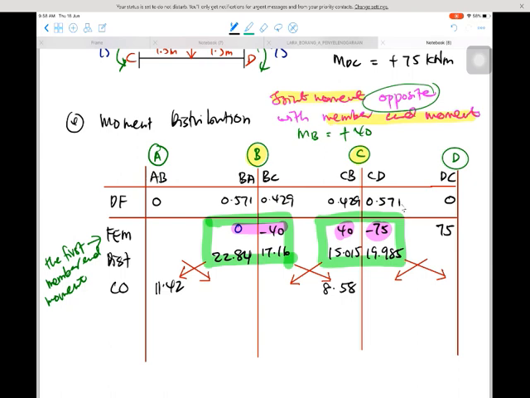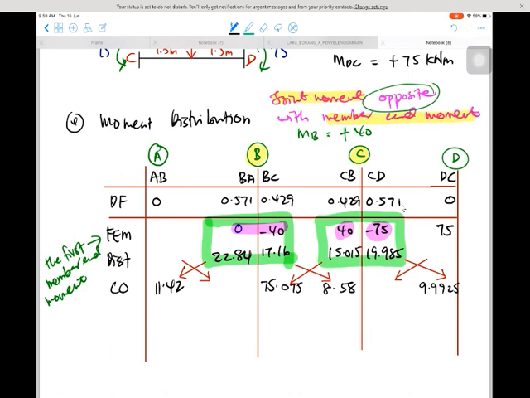Then 15.015 divided by 2, we get 7.5075. And 19.985 divided by 2, we get 9.9925. Remember we don't write the zero value, we just leave it blank like what you can see on screen right now.